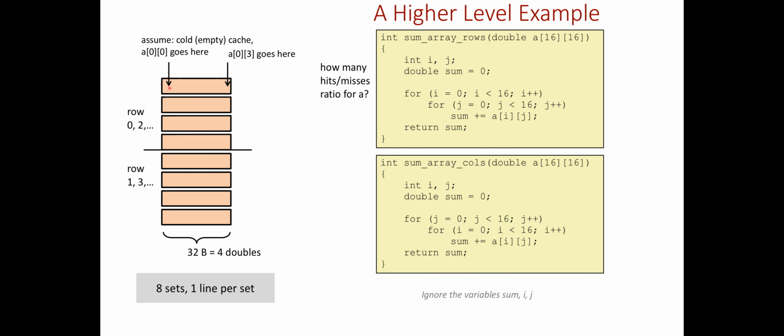And so what happens here is that we have a miss to bring in 0,0, but then the other three elements, 0,1, 0,2, and 0,3, are all in this line of cache. And so what we can see now is that we can think about a ratio of hits to misses.